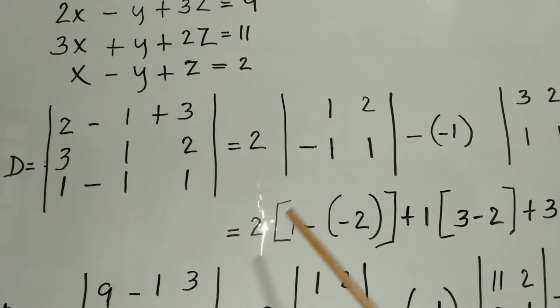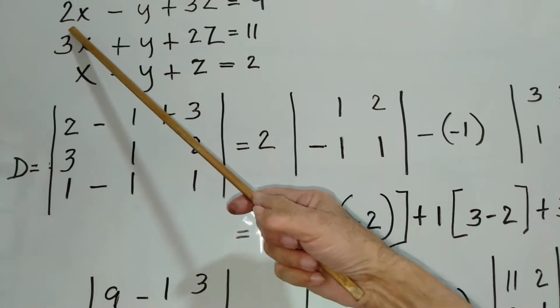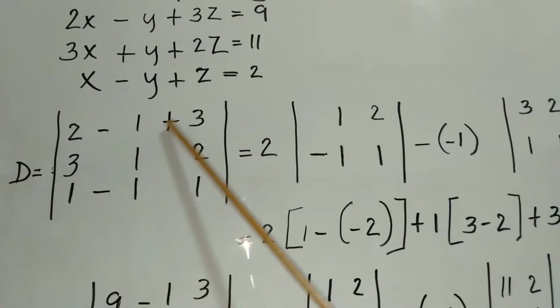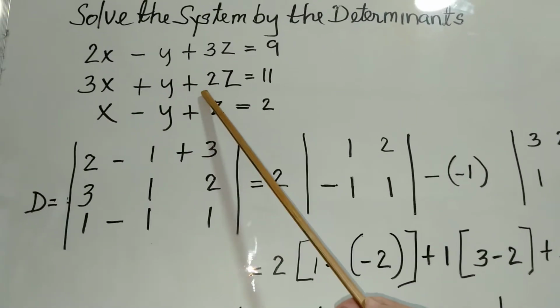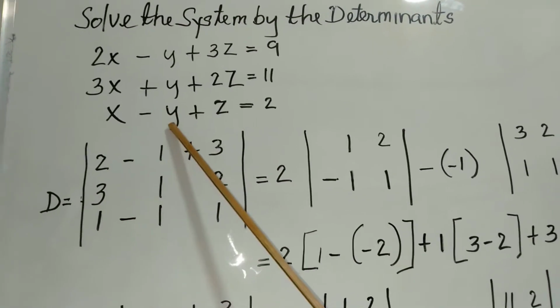As you can see, the coefficients are arranged here: 2, minus 1, 3. We just copied the coefficients. 3, 1, 2. And 1, minus 1, 1.